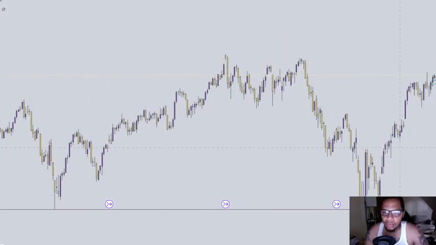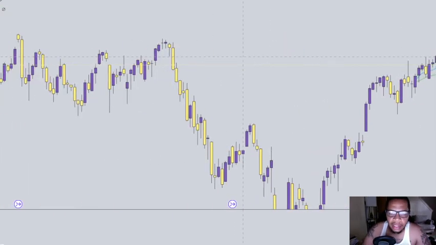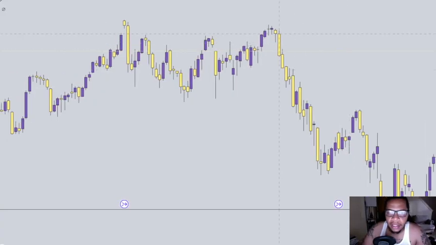Okay. So your supply area is going to be the last contrary candle, the last up candle before price sold down. So basically, supply is where you're going to see where it's giving distribution. Okay.